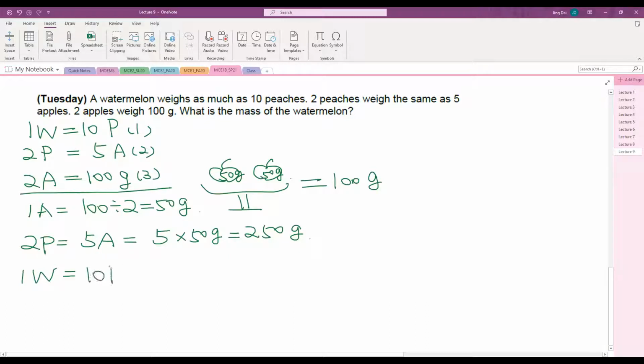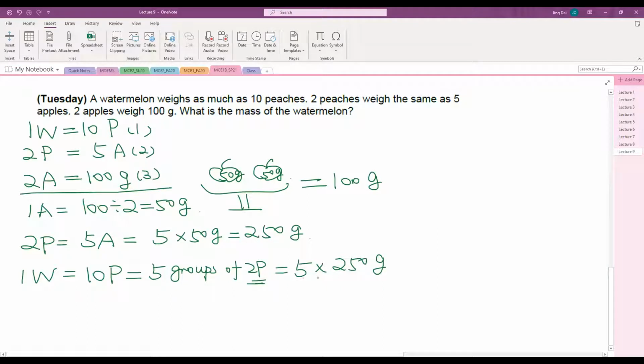Is 10 peaches, right? And then Darren just said this is 5 groups of 2 peaches. So that's basically 5 times 250 grams, because we know two peaches would weigh 250 grams.